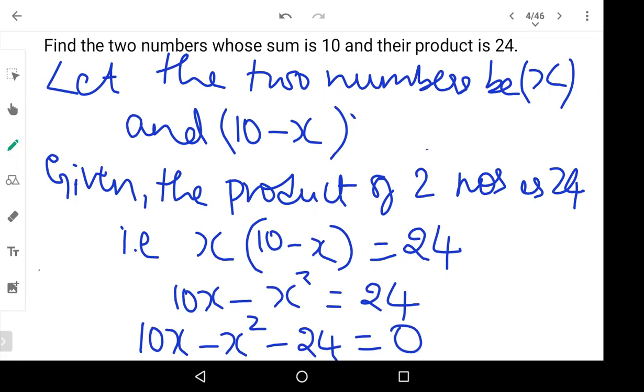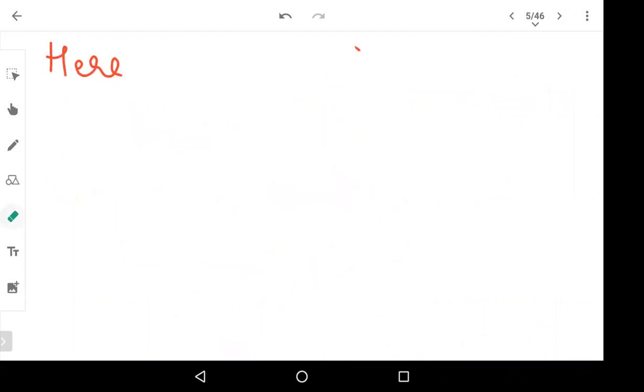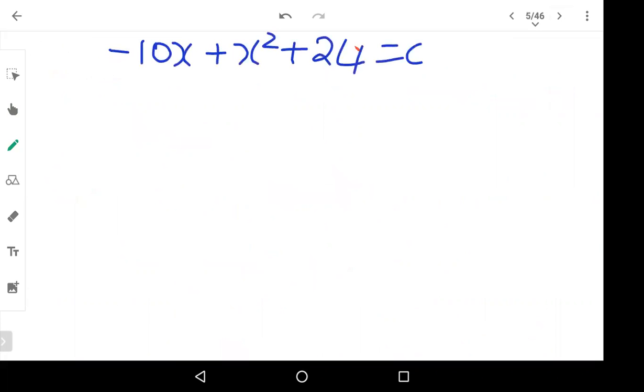Okay. Now in this case, I am going to multiply the whole equation with minus. Why am I doing it? Because if you see here, x square is negative, so I wanted to make it positive. So I'll get a new equation which is minus 10x plus x square plus 24 is equal to 0.